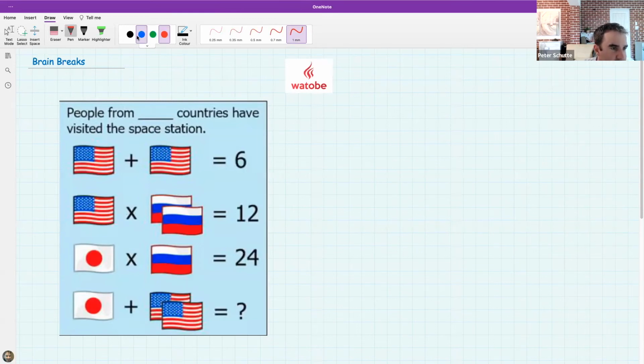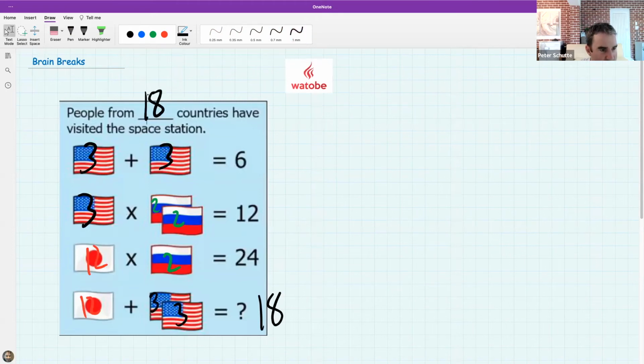So I definitely think this is 3, and that's 3, and that's 3. And this would be 2 and 2. So that's 2. So that means that is 12, plus 3 and 3 is 18. And so 18 countries have visited the space station.